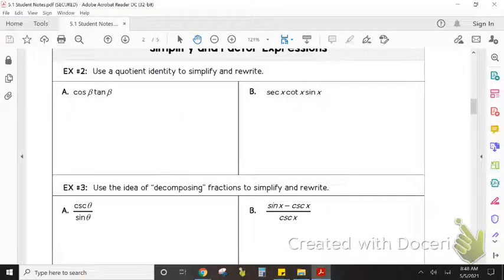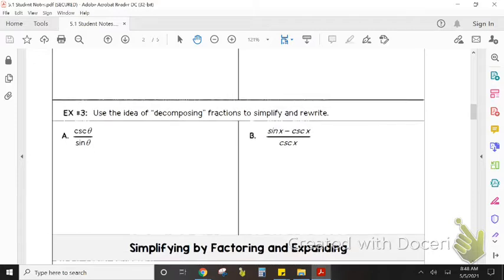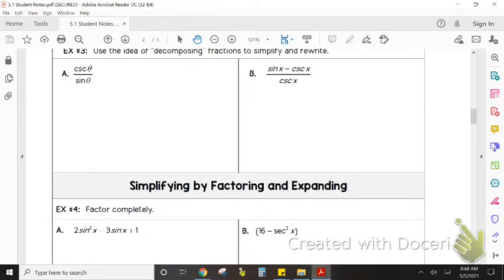Example 3 talks about the idea of decomposing fractions to simplify and rewrite them. There are two different ways a lot of times we'll work this. But the big thing here is don't forget, dividing by sine is the same as multiplying by its reciprocal. So this sine would be like sine over 1. So I could rewrite this as cosecant of theta times that reciprocal, which is 1 over sine of theta.